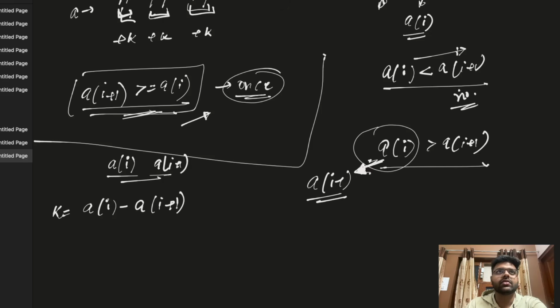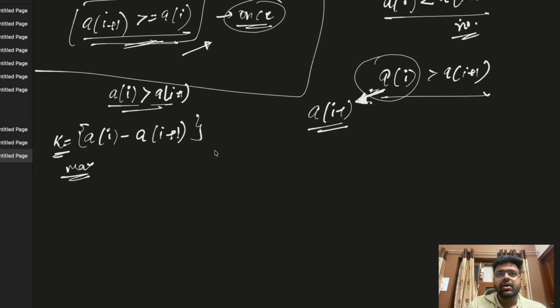Let me write this. So we'll find it for each, and we will go and find the maximum k which would be possible, right? And out of those maximum possible k's, we will check whether the particular k fulfills our conditions or not.